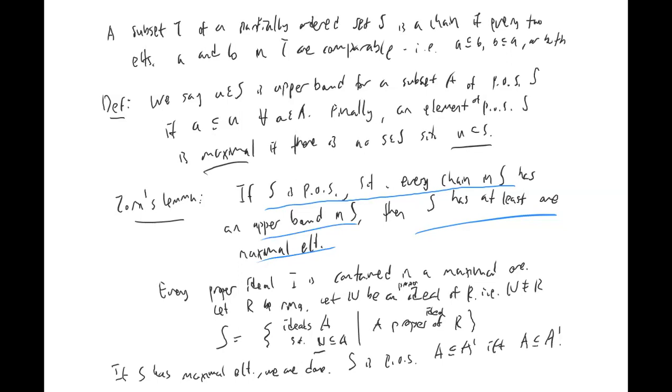With this as our partial ordering, S becomes a partially ordered set. Since S is a poset now, we need to show every chain in S has an upper bound in S. Once we do that, by Zorn's lemma, we have a maximal element.